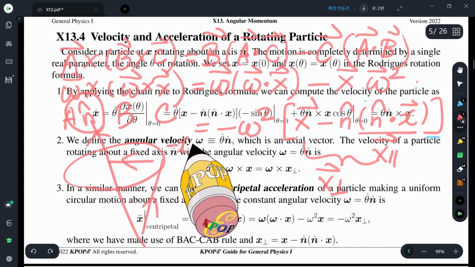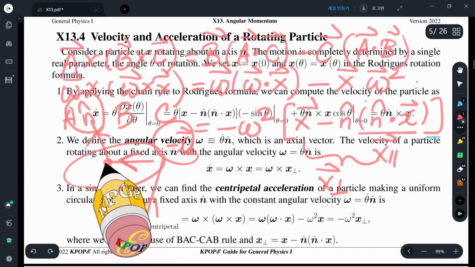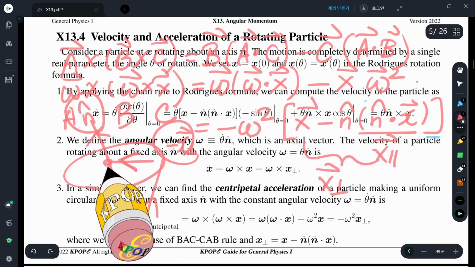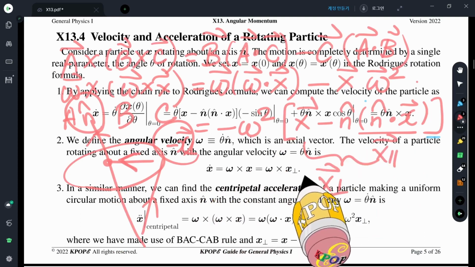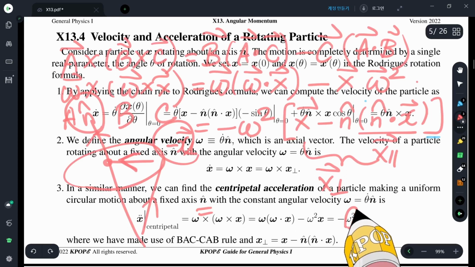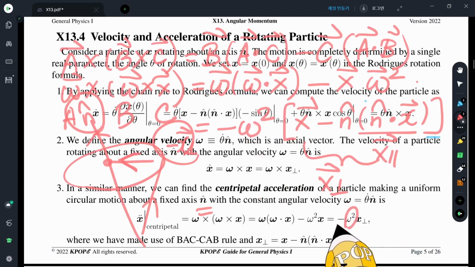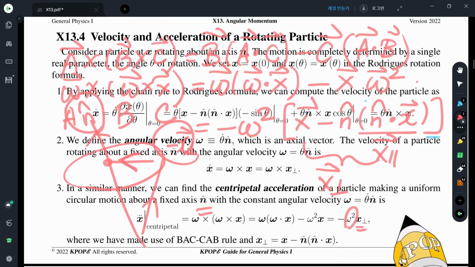This is minus x perp, minus the lever arm, toward the center of the circle, and the magnitude is omega squared times x perp. This is quite interesting.